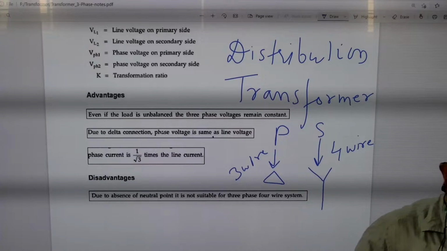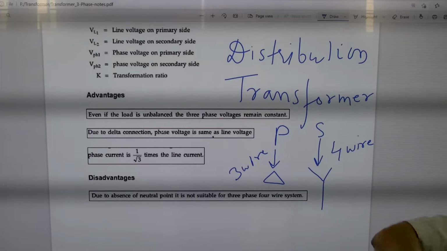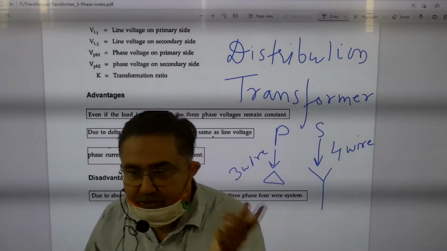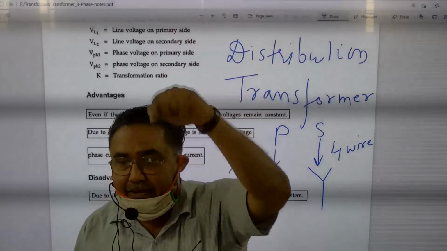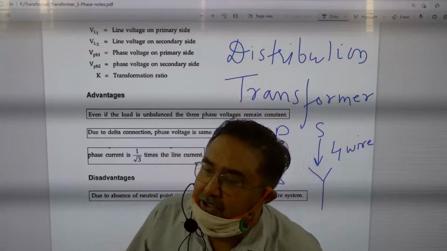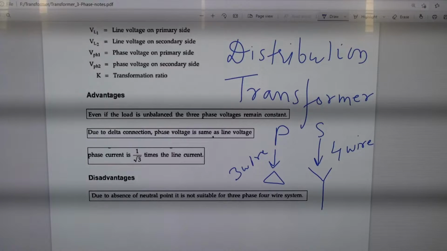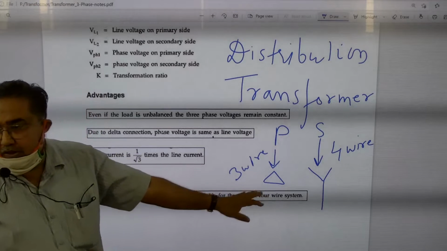So there will be in fact 12 discs, disc type insulator. Have you seen this type of insulator? A brown color disc type insulator. So if there are 12 in number, you can easily identify these are of a 132 kV line. And if there is a greater number, then it can be 220 kV or so. Clear? So it is not suitable for a 3-phase 4 wire system. Clear?